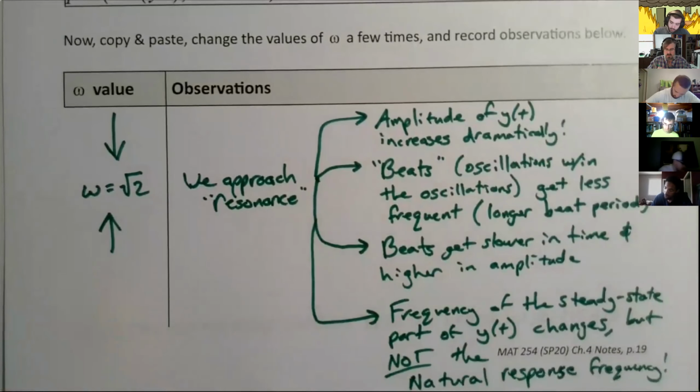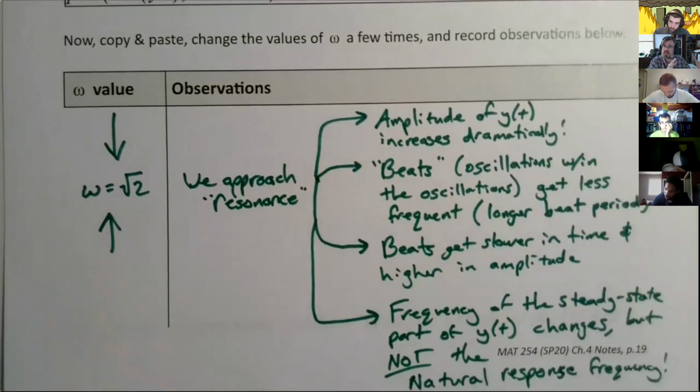In other words, as we tune our forcing function, it responds in terms of the steady state part of the solution. But tuning the forcing function doesn't change anything about the harmonic oscillator. So the harmonic oscillator has a natural frequency.